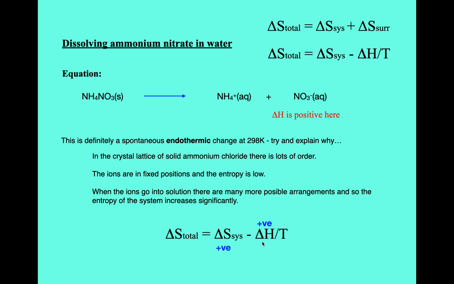Now in this case, because this process is spontaneous, obviously this term is outweighing this term. In this case, what would we want the temperature to be? To make this term less significant, we want the temperature to be higher, wouldn't we? So that this number becomes less significant. Okay?